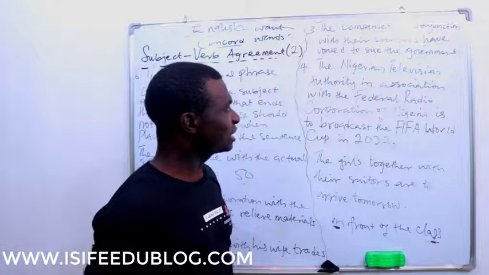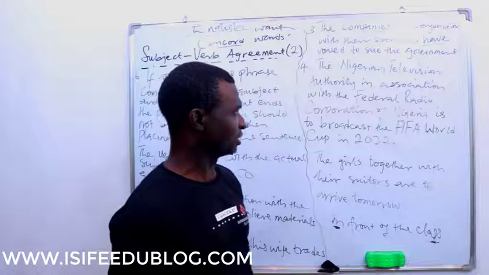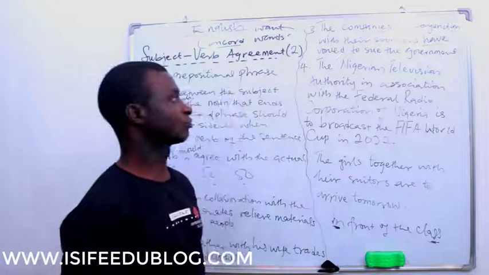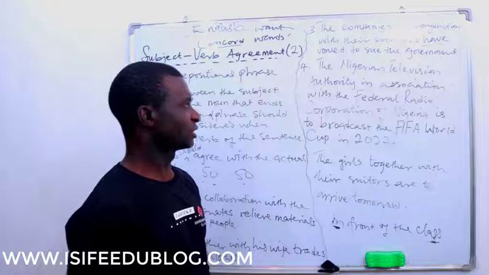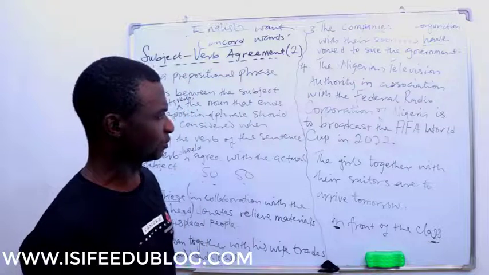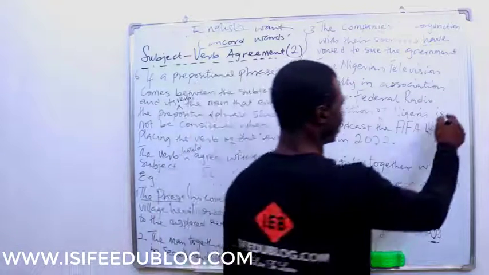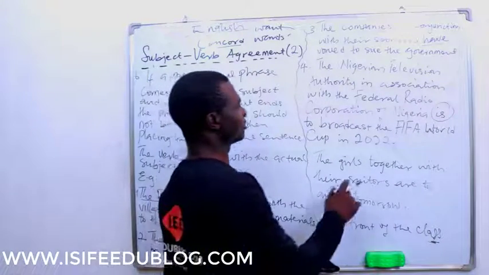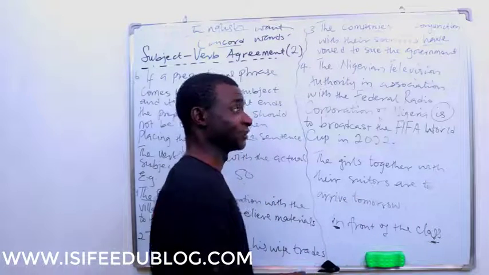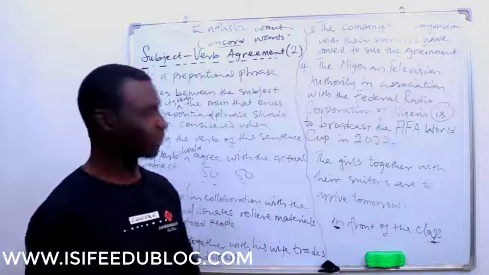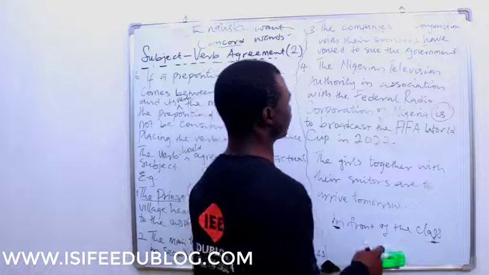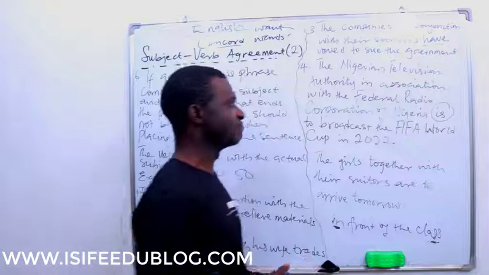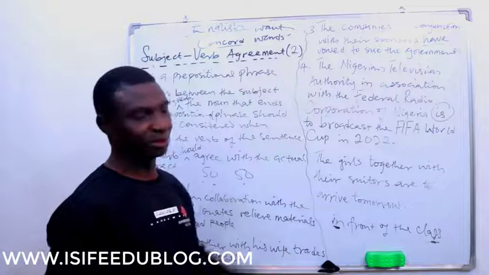Next, the Nigerian Television Authority, in association with the Federal Radio Corporation of Nigeria, is. We did not consider the Federal Radio Corporation of Nigeria, even if it is a long name, no problem. We didn't consider it because the Nigerian Television Authority is the major stakeholder in this arrangement.